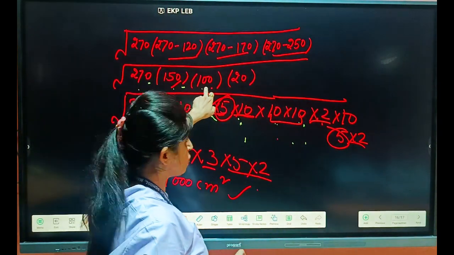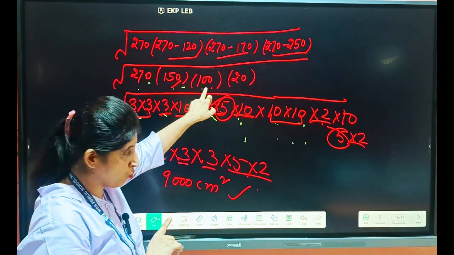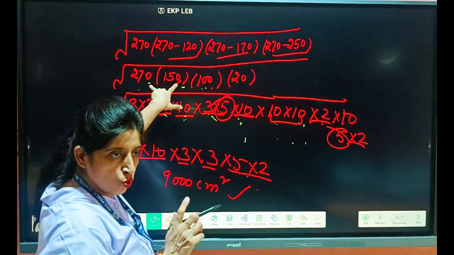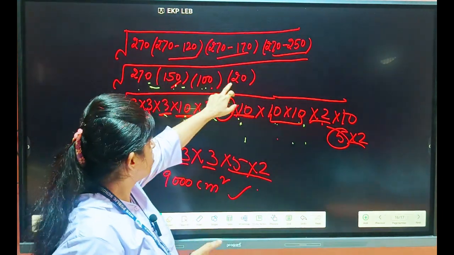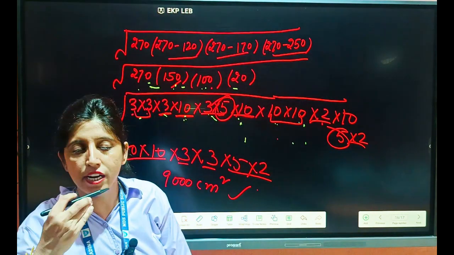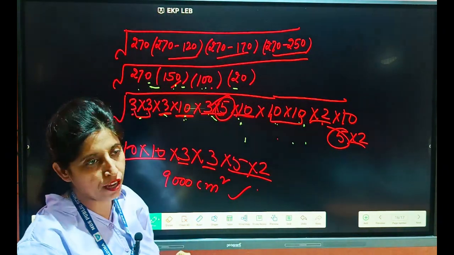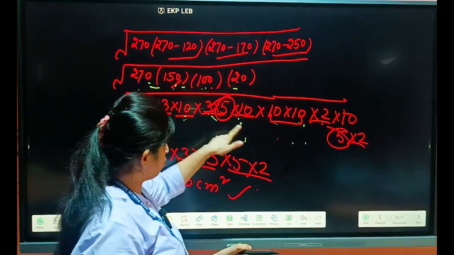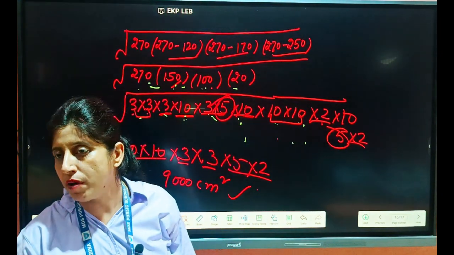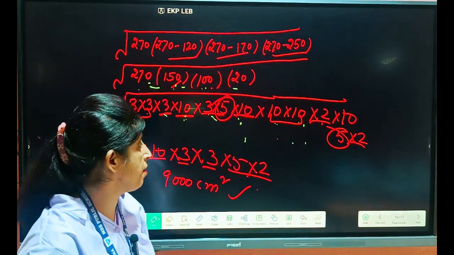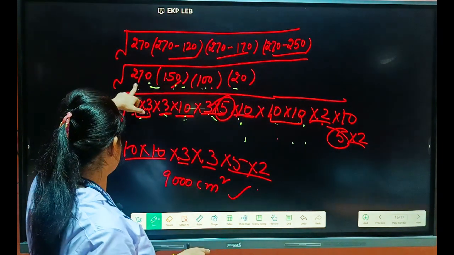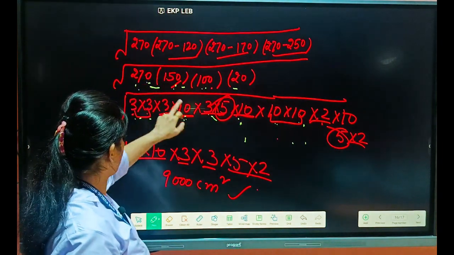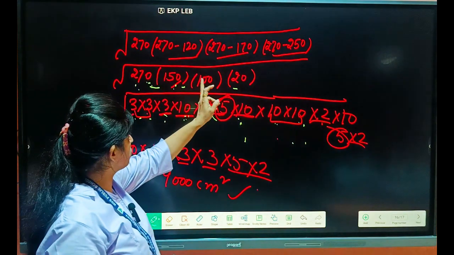Now it's your choice. From this 100 you can take 10 out, then from this 20 you will take 10 out. It's up to you only how you will take the factors. From these 2 factors, 1 will come out, because square root is there, है ना? So I have taken the factor like this: 27, 3 into 3 into 3, and 10, because 10, 20, 30, 40.